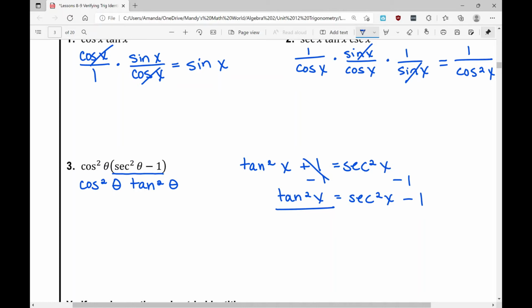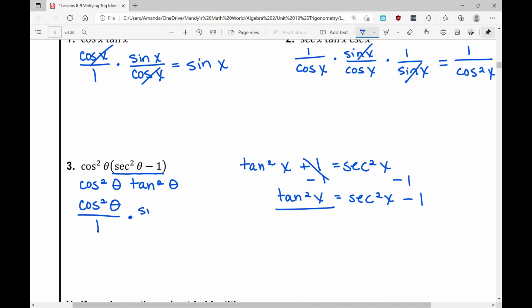Now tangent squared theta, can I write that in terms of sine and cosine? I can. I can write it as a fraction. So there's cosine squared theta. It's cosine squared theta over 1 times tangent squared theta. How would I rewrite that in terms of sine and cosine?